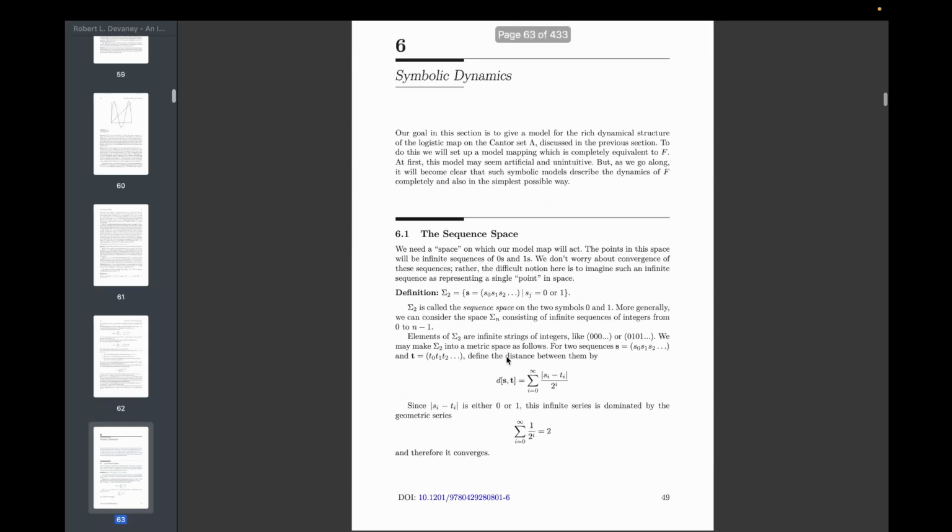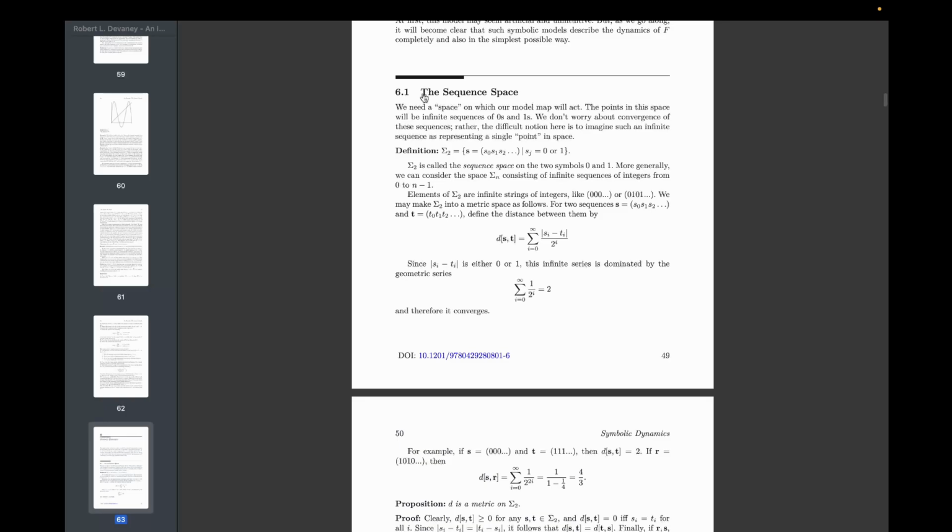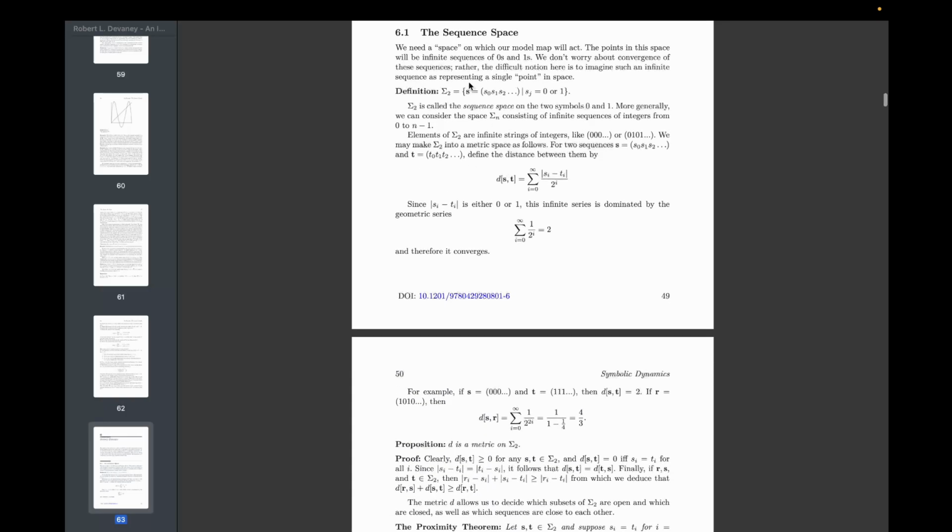And then the next chapter is symbolic dynamics. At first, this doesn't make sense at all. It doesn't seem important, because it's just a bunch of sequences of numbers, right? And they define this metric, which is basically if two sequences agree, they have distance 0, which is what you want.